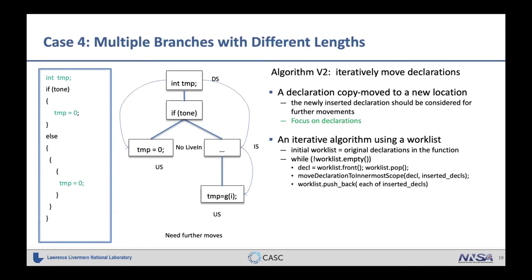Yeah, this is a very good point. We actually have to build the control flow in order to do our analysis. I only showed the scope tree view. We actually have the control flow view of the program also. On top of the control flow, we have this liveness information.